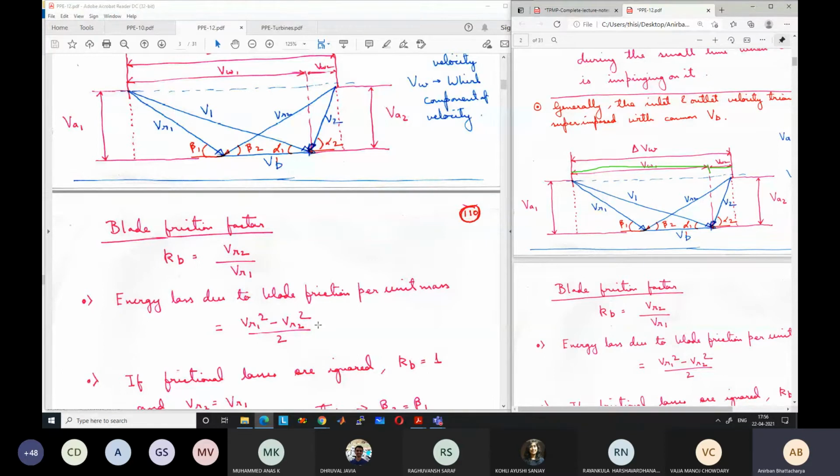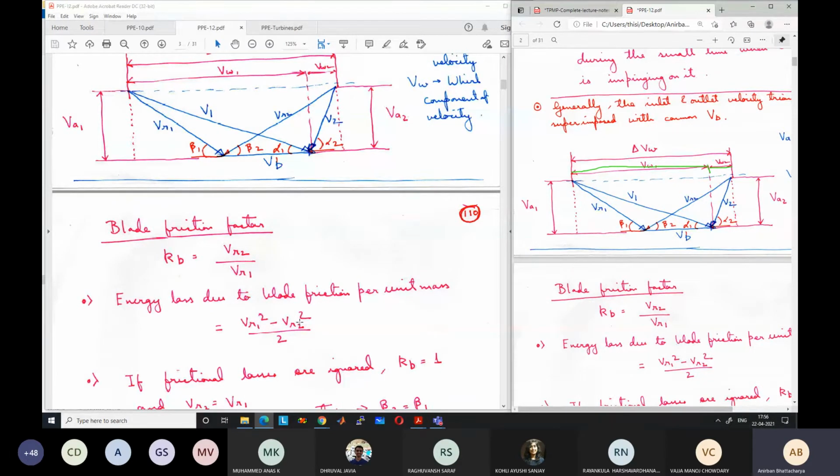In this case, for a person who is sitting on the blade, the inlet kinetic energy is VR1 square by 2, and the outlet kinetic energy is VR2 square by 2. If there are no frictional losses, the inlet and outlet kinetic energy are the same from the point of view of the blade.